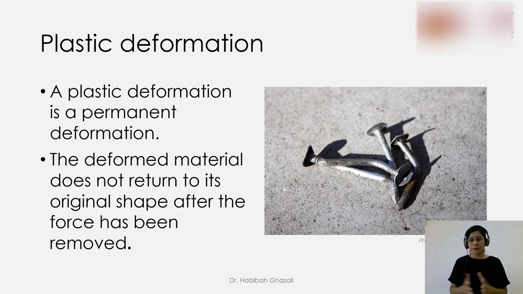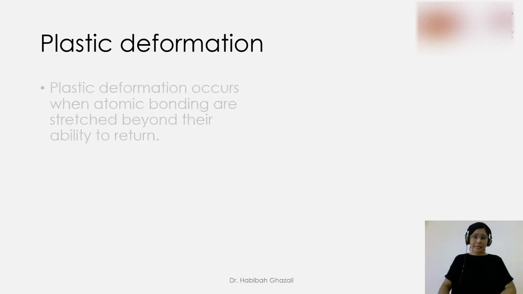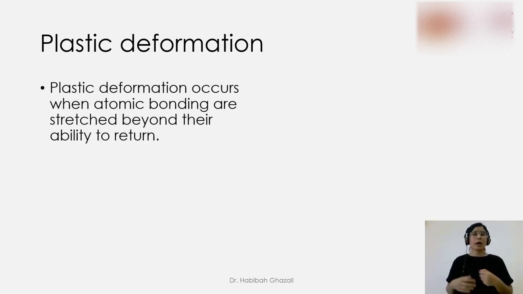For example, if you have these bent nails here, the deformed shape like this means the material has undergone plastic deformation. So this deformation is permanent. Plastic deformation occurs when atomic bonding are stretched beyond the ability to return.